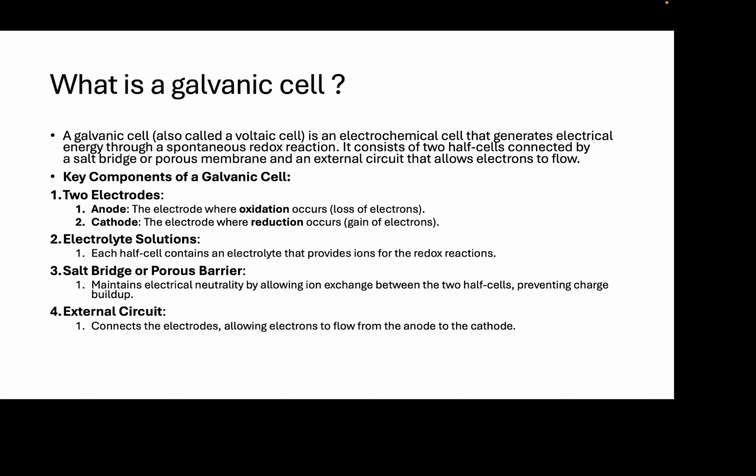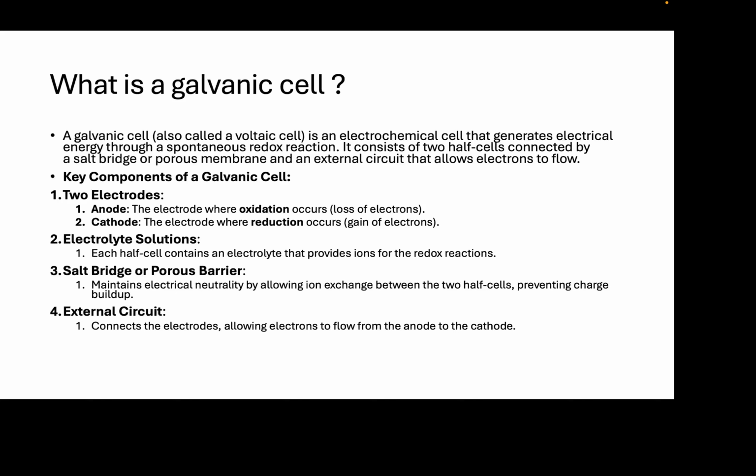So whatever the material at anode will be, it will be losing the electrons. And at cathode, the reduction will be taking place, meaning the electrons which are given away by the anode side will be received at the cathode, and there will be electron transfer. You remember the key feature of redox reaction is the transfer of electrons.